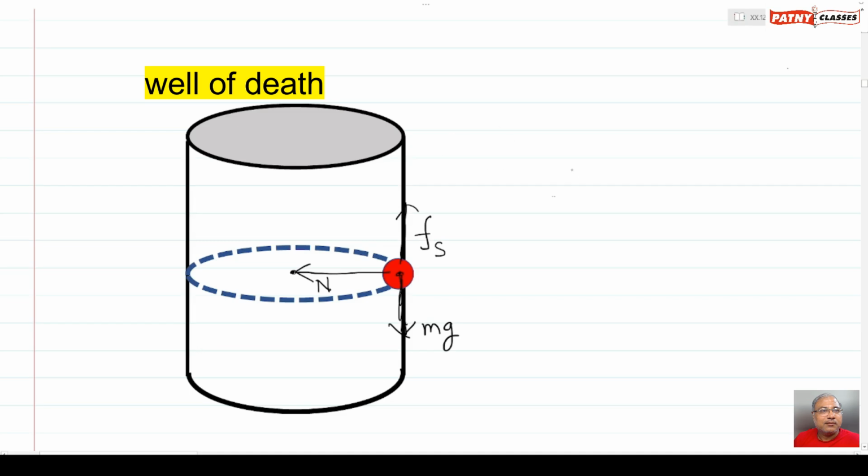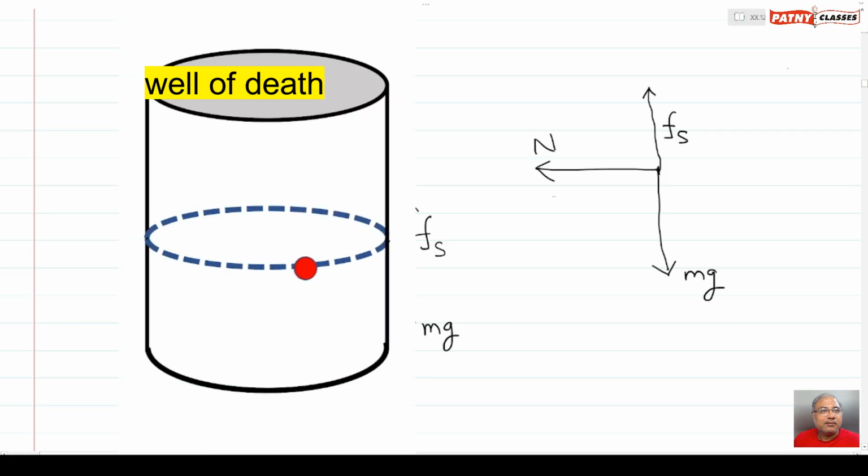So we have the three forces. One is the normal reaction toward the center, another is the weight of the object plus rider in the downward direction, and the force of static friction in the upward direction, denoted by Fs, and the normal reaction is denoted by N. So these are the three forces, maintaining the body under equilibrium condition, that is, the body is moving inside this well of death, touching the surface every time and neither slipping nor moving down.